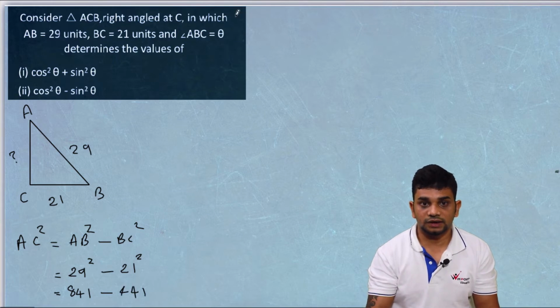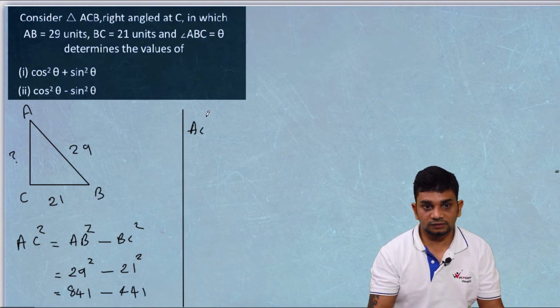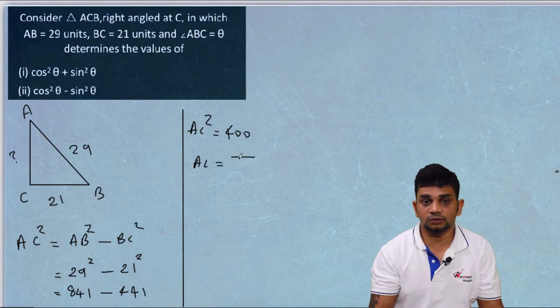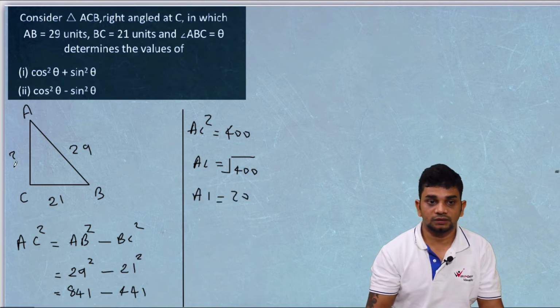So AC square equals 841 minus 441, which is 400. Then AC is equal to root of 400, AC equals 20. So here the value is 20.